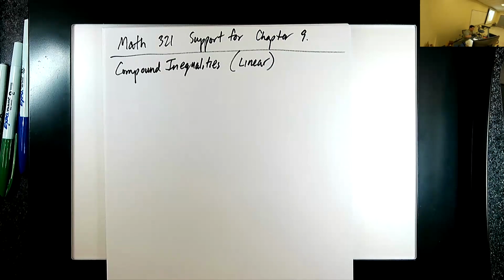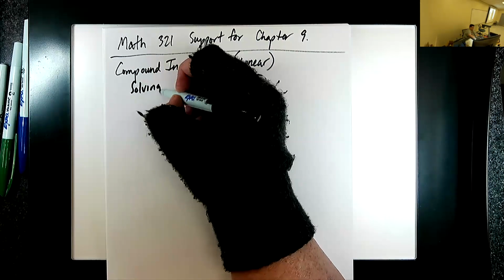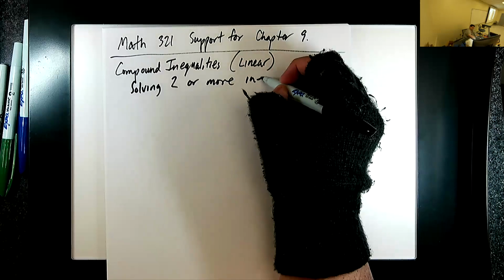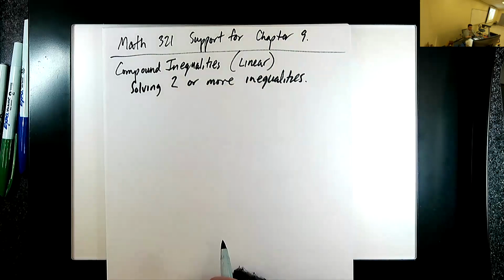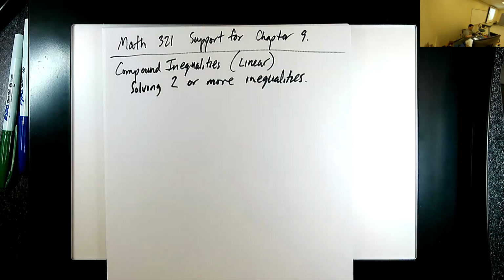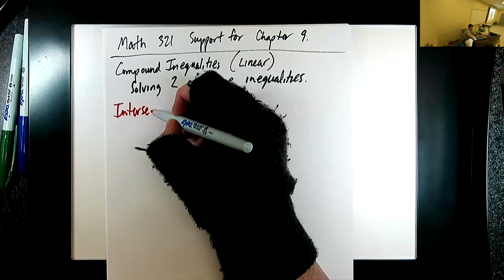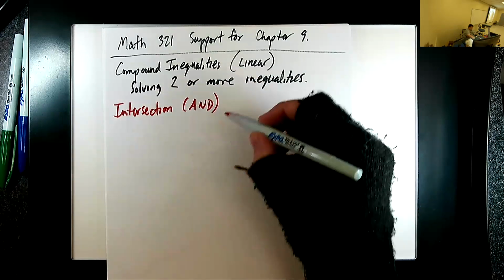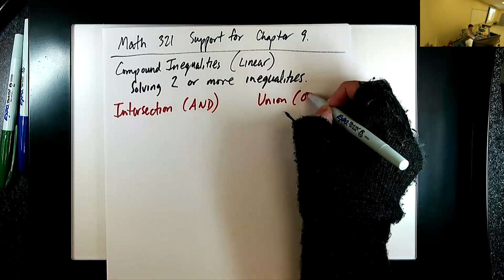A compound inequality is where we're solving two or more equations, or two or more inequalities. There's two brackets of this. We can either have an intersection, where there's an and involved. The other option is the union, which is the or.